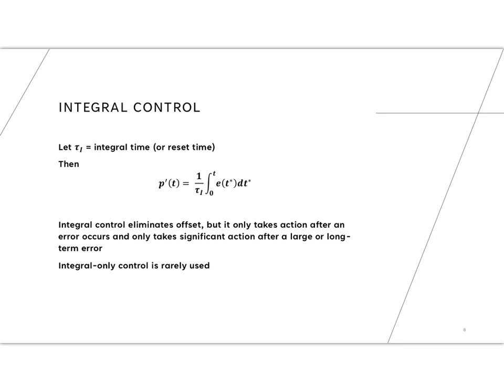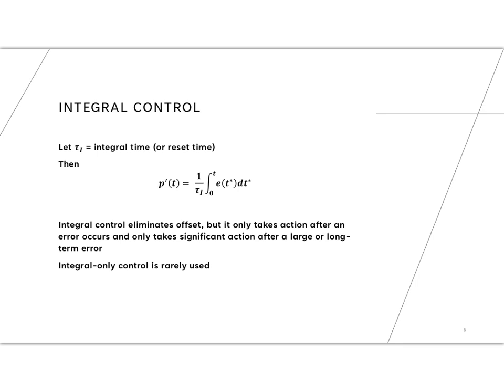But the problem here is the error has to happen for a long time. Okay? So the longer the error persists, the larger the action will be, the controller output. And maybe that's going to be a problem for us.